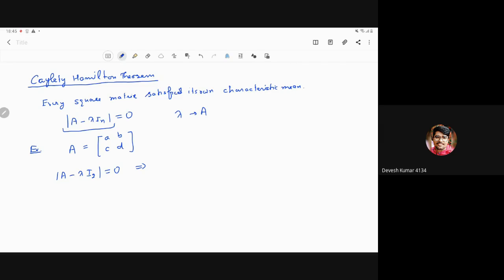Now, if you simplify it, already you have done it earlier, what do you get? Lambda square minus trace of A, that is a plus d, lambda plus determinant of A, ad minus bc, equal to 0. You can check it. This is the characteristic equation of this matrix.